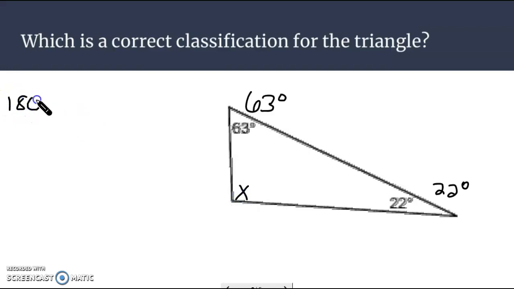180 is equal to 63 plus 22 plus x. 63 plus 22 is 85.